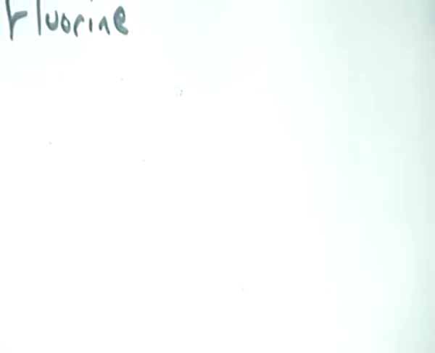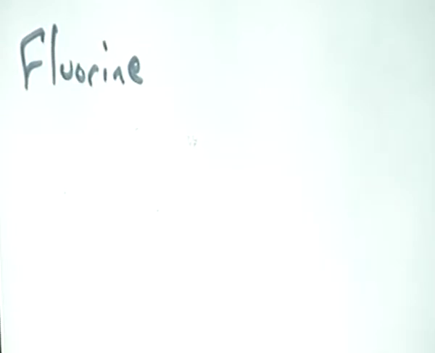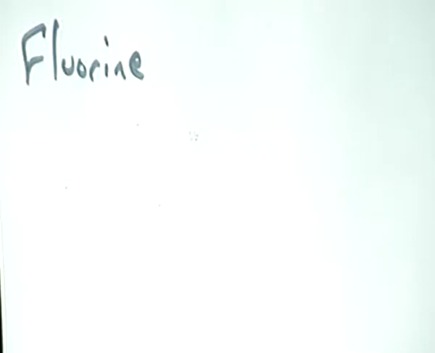Fluorine is a nasty, nasty gas. You've heard about fluoride, of course, in toothpaste. Well, that's a non-neutral form of fluorine. Neutral fluorine gas is nasty. It burns. If you inhale it, it'll burn your respiratory tract because it reacts very violently with it.